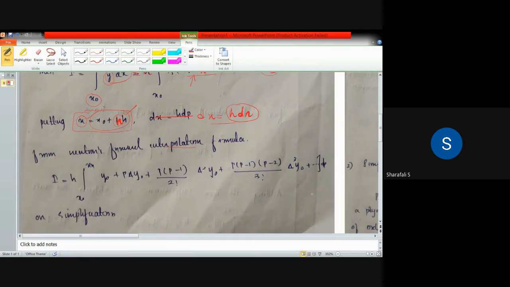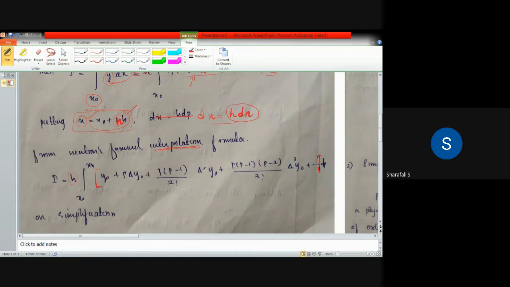Now considering Newton's forward interpolation formula, in this formula we can substitute for this f of x0 plus nh value, and then you get this kind of equation.